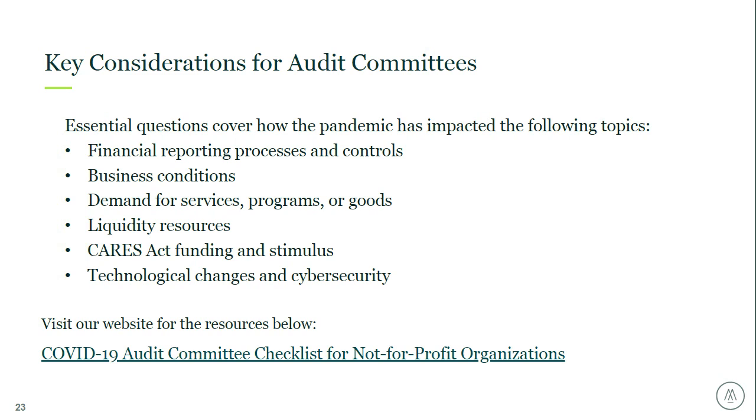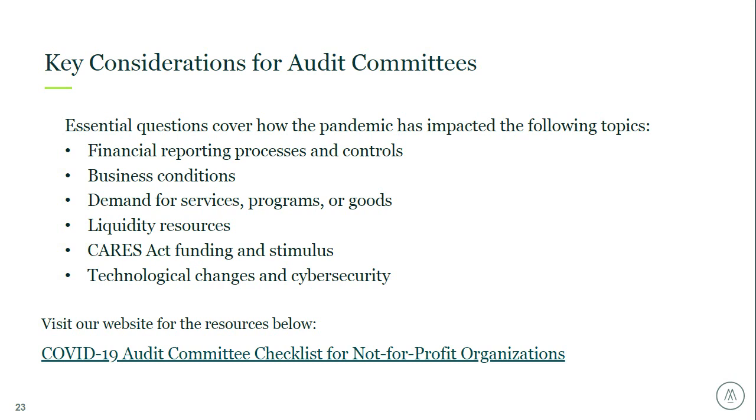Financial reporting. Review the work environment as it relates to work from home and virtual. Are there gaps and are processes documented? Business conditions. What are the financial impacts? Consider operations, valuations, and related impairments, allowances, and changes to estimates.